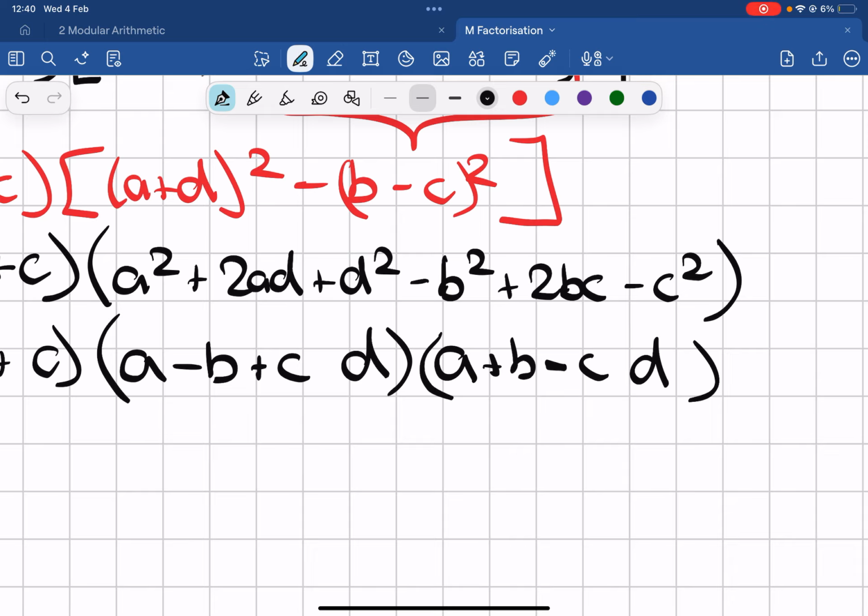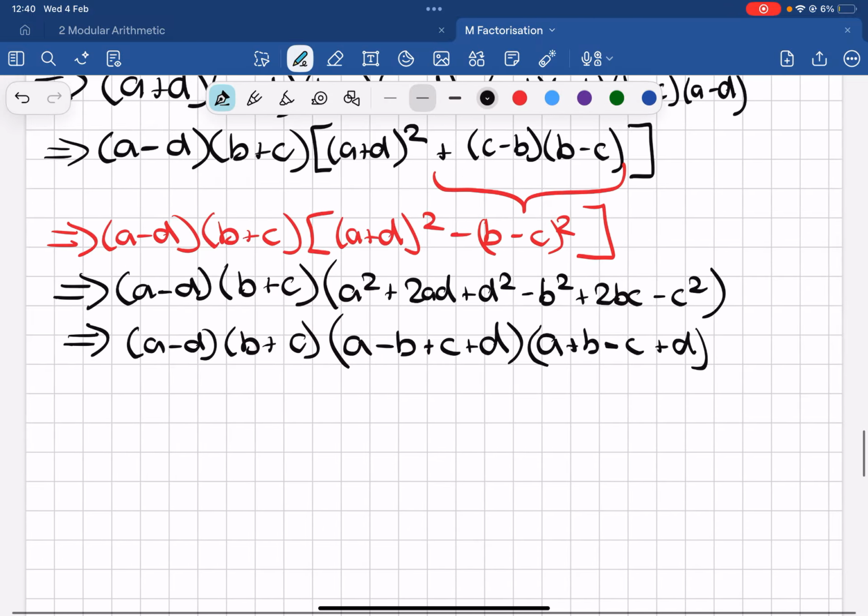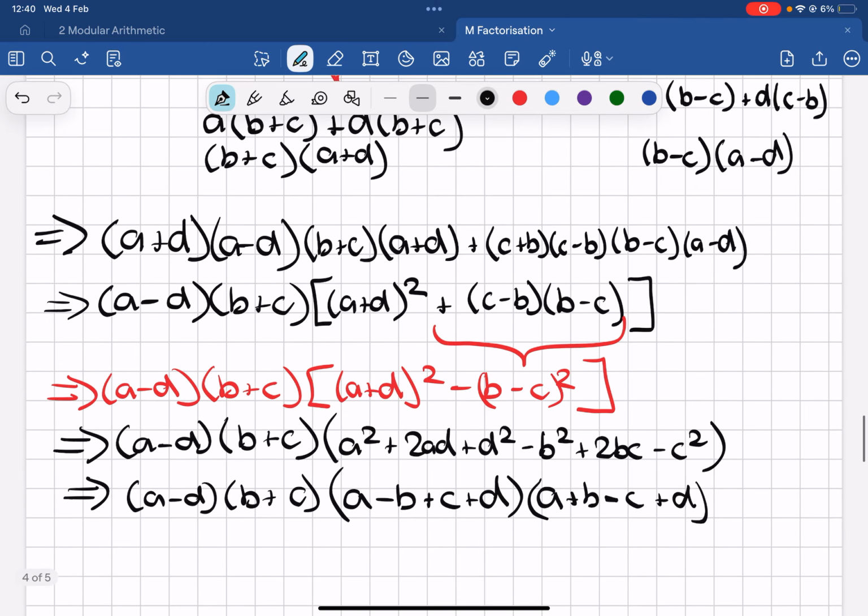What else? D squared, 2ad, positive. Well, that's it. I don't think we can get any simpler than that. And clean result.